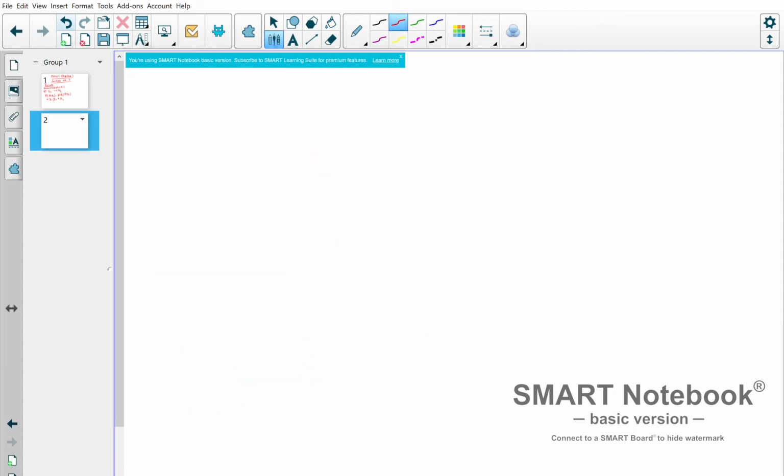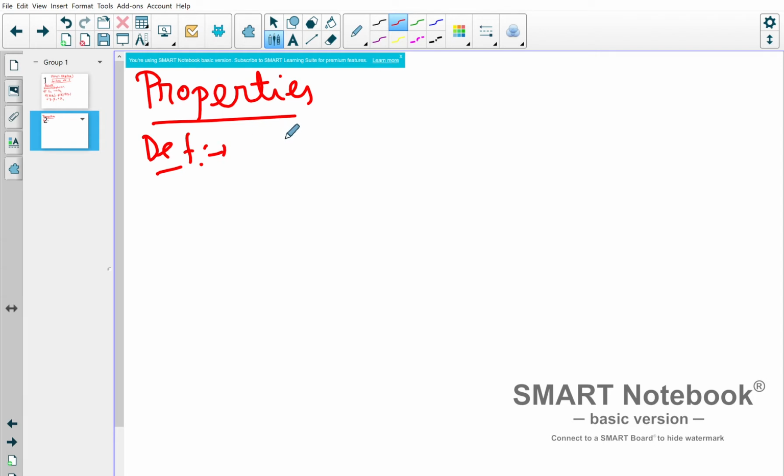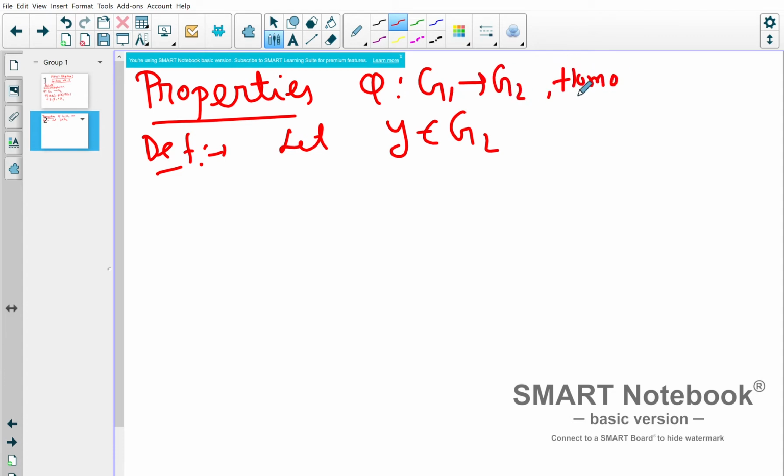Let me say some of the properties. Given a homomorphism, we can define something called a fiber. What is the meaning of fiber? Let me define it. Let you have something, say y belonging to G2. This is given to you, phi from G1 to G2, a homomorphism, and you choose an element y in G2.